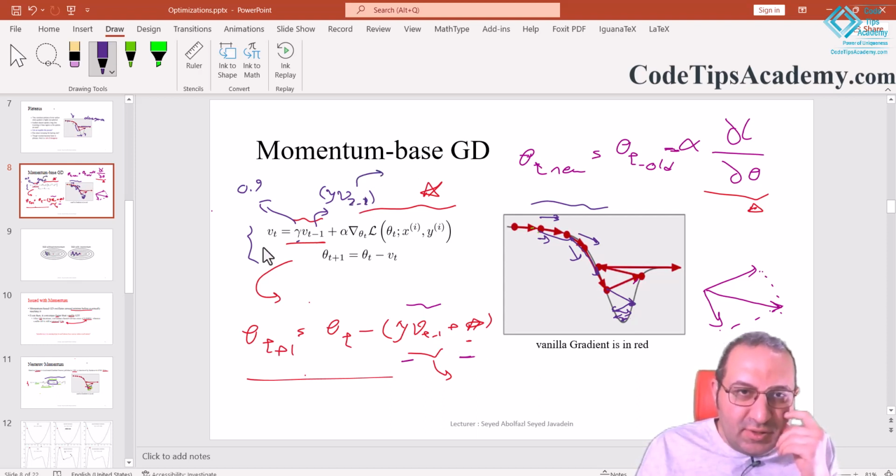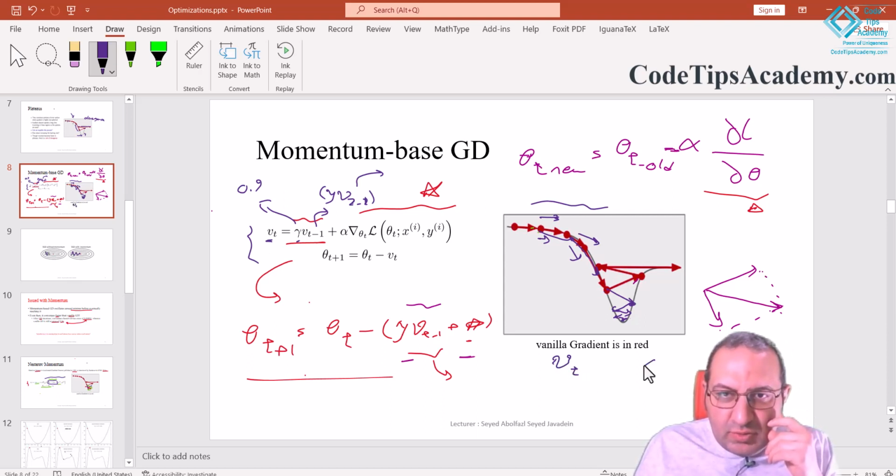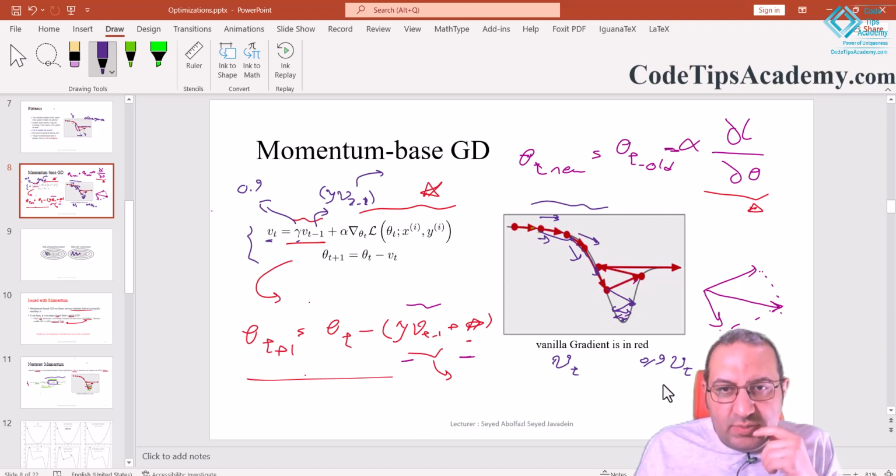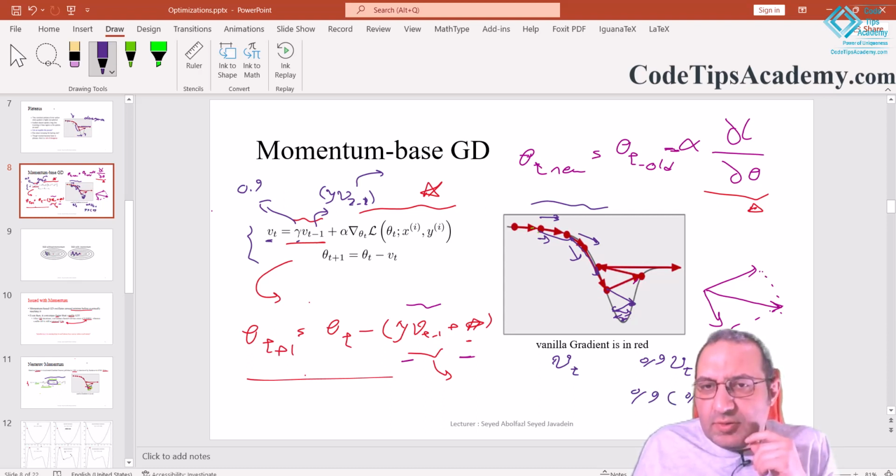You can see here, for example, Vt depends on, if the momentum is 0.9, the one step before, and that depends on one step before this step.